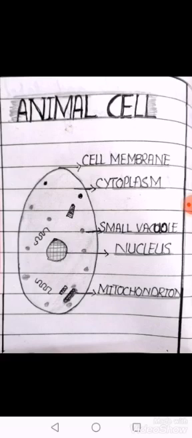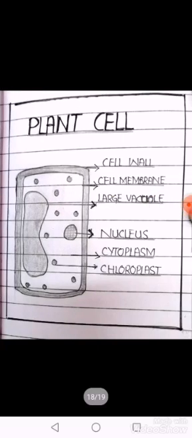First of all, I will discuss the animal cell. Here is the labeling of the animal cell. First one is cell membrane, second one is cytoplasm, third one is small vacuole, fourth one is nucleus, and fifth one is mitochondrion. Clear? Now the plant cell.